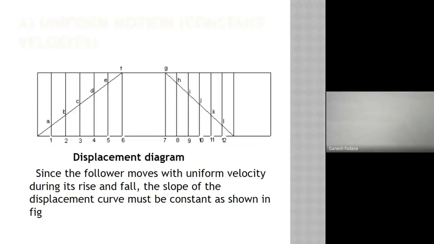Okay. Now it is just theory part. I will now show you how to draw velocity and acceleration curves for the motion considered. So first motion that we are going to consider is uniform motion.